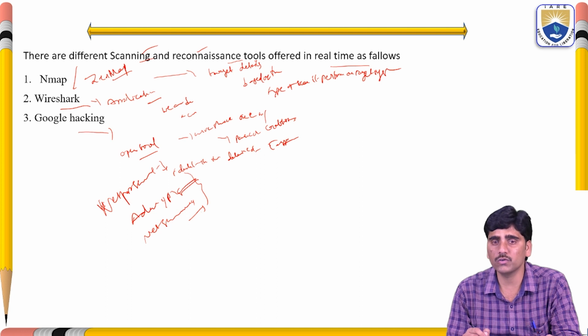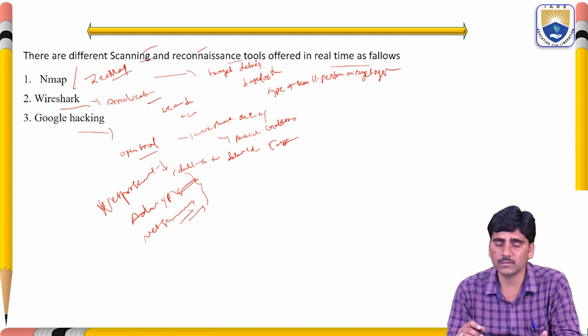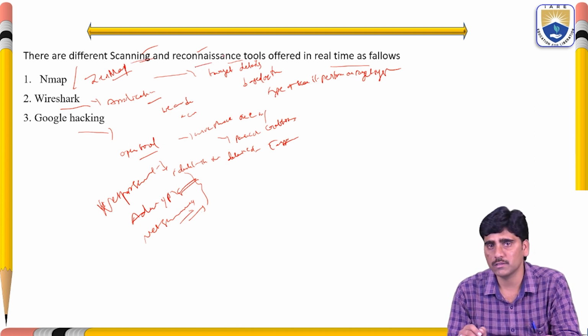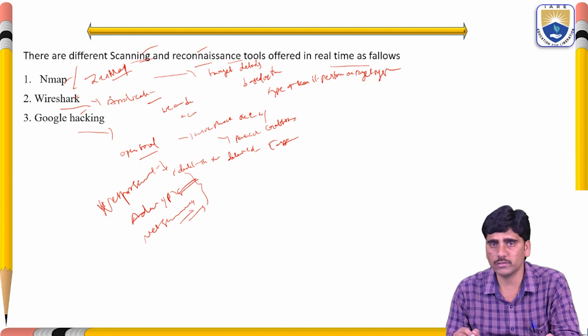Based on the design of the tool, it displays certain details of the target system. So a scanning and reconnaissance procedure takes place, which is very important, and for that we are using these tools.